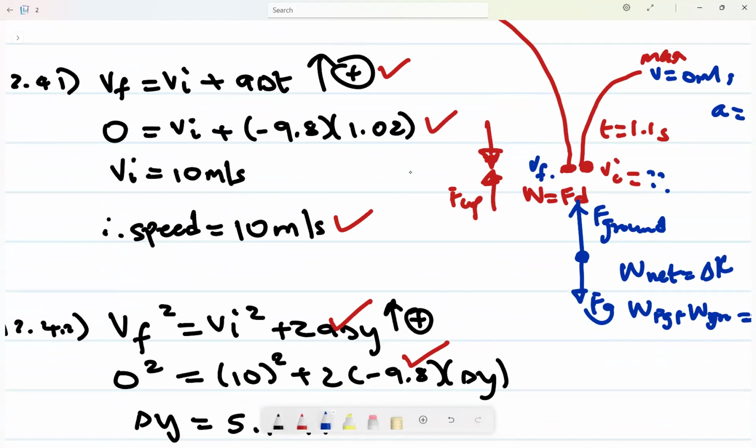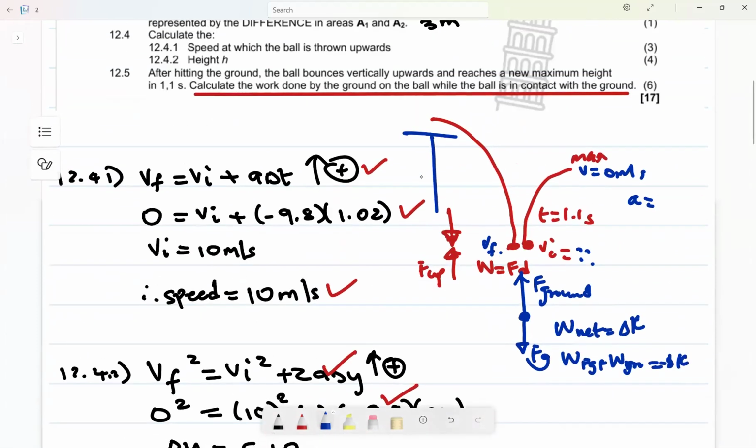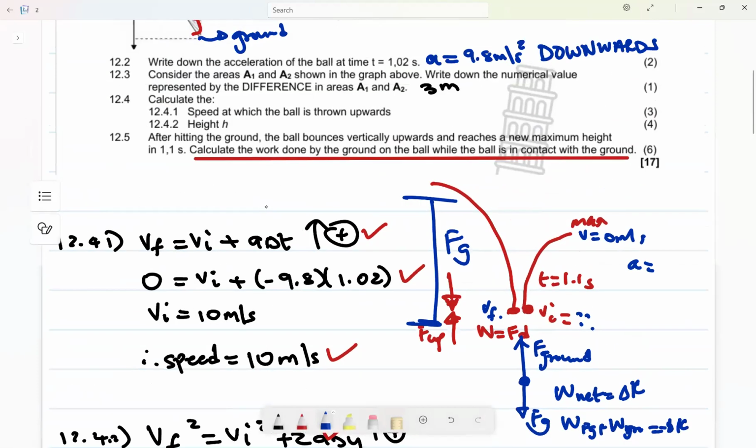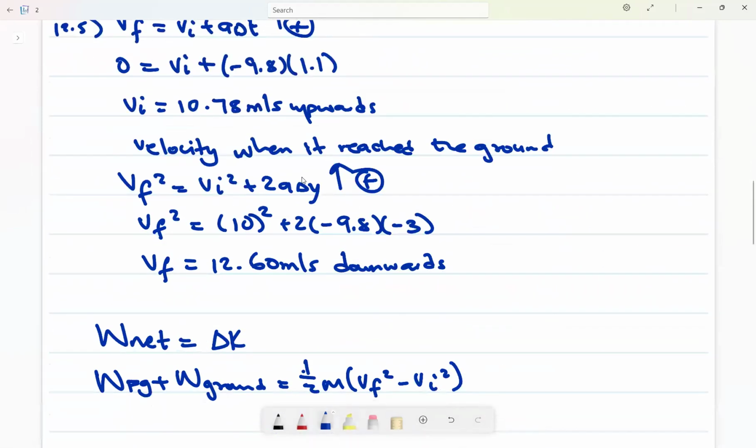The change in d is the distance that the weight traveled from here to here. Okay, so FG moved from there to that one. So the distance it traveled, it is how much? I think we calculated it. Height H. Here it is, height H. Okay, that height, all of it, it is how much? 8.10.